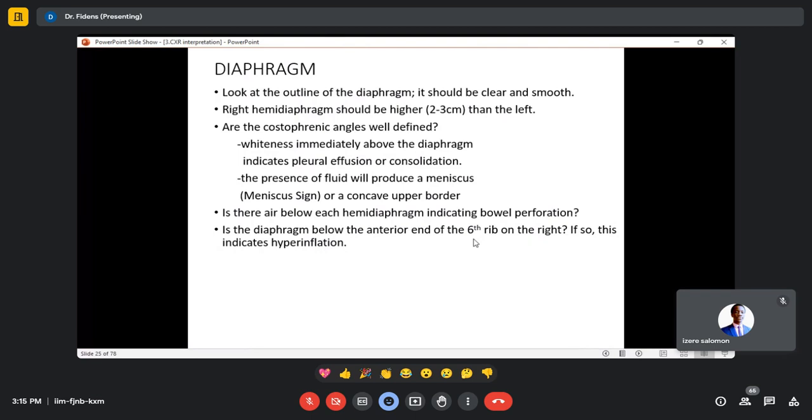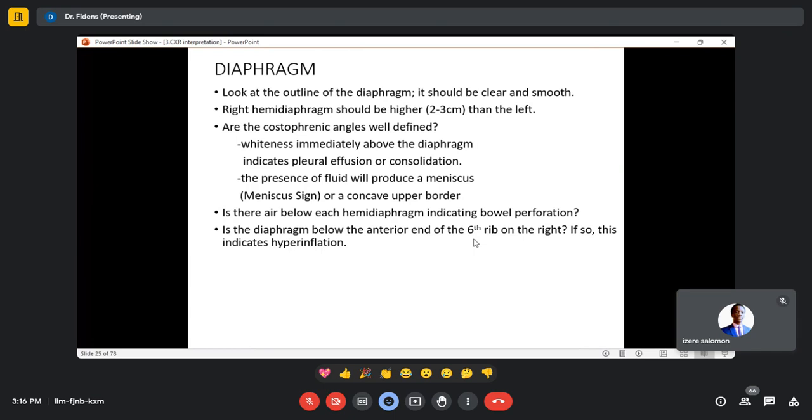Okay? What do you mean? Is it clear? I mean, when the whole sixth rib is completely above the right hemidiaphragm. Okay? Yes, for sure. When the whole sixth anterior rib is completely above the right diaphragm, it may be a sign of lung hyperinflation.